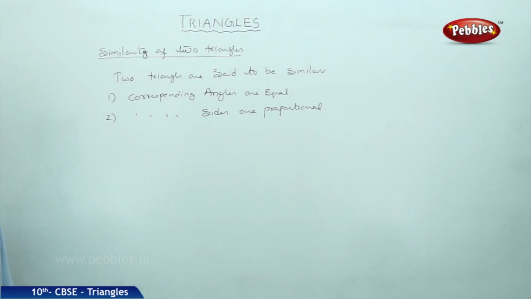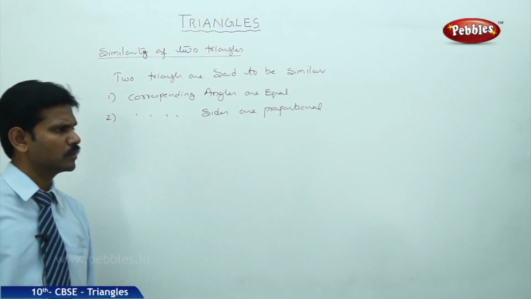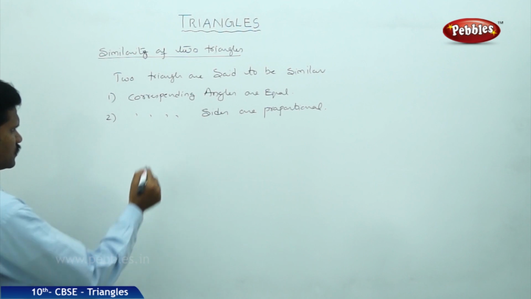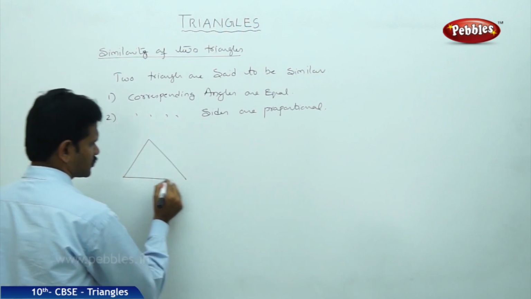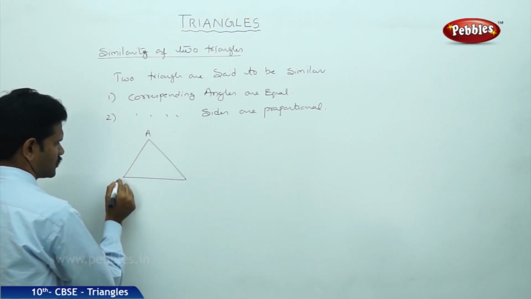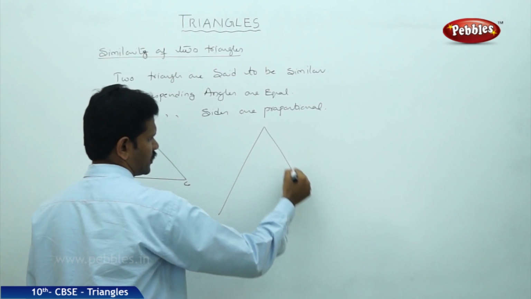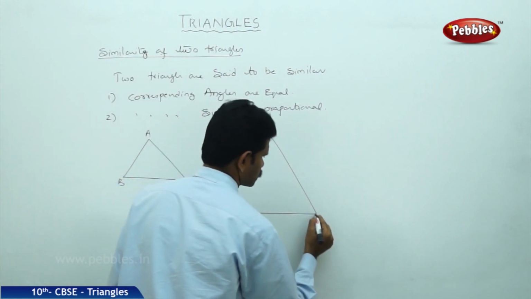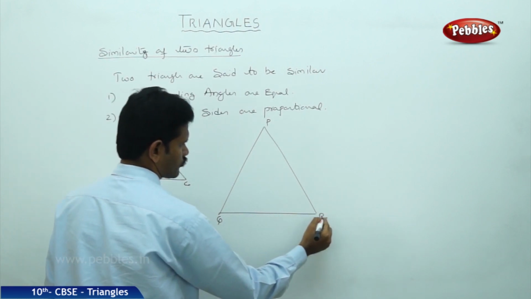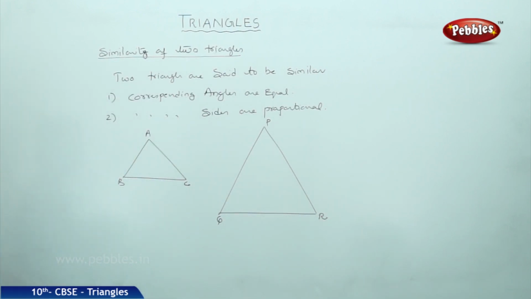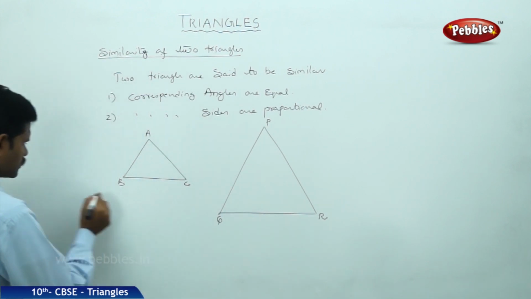What is meant by corresponding angles are equal and what is meant by corresponding sides are proportional? Let us see. Consider two triangles ABC and PQR. Now let us consider these two triangles are similar.